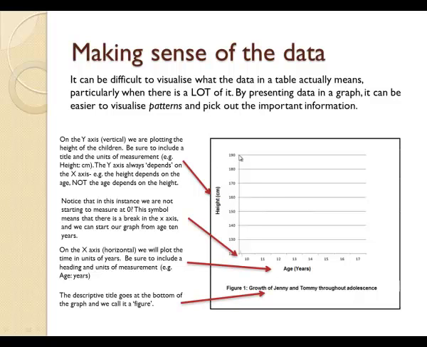Now, when we're talking about dependent variables, that means it is the thing that changes because of the other variable, age. So height, the change in height, depends on age. So as the children grow up, as they increase in age, their height changes as a result. It doesn't really work so much the other way.